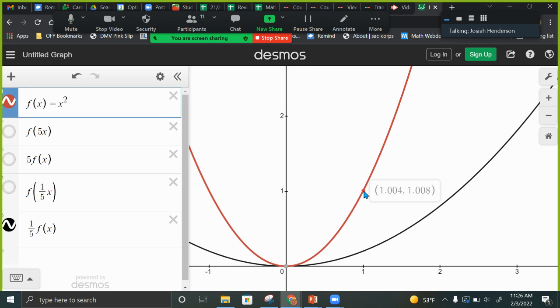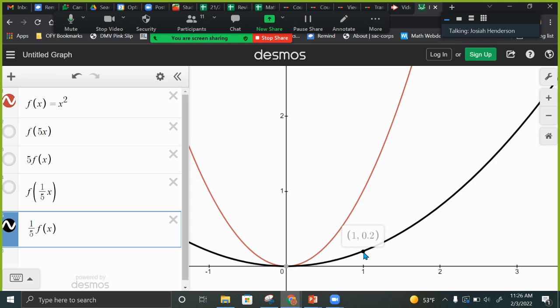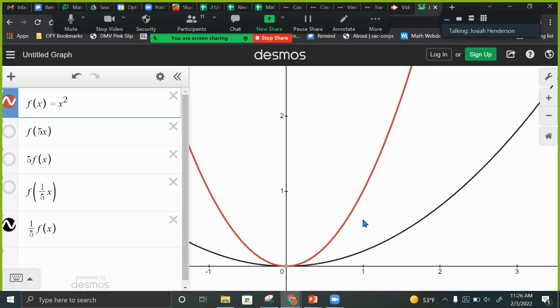This location is smashed down right below it to 1/5 of the original height. So over 1, up 1/5, which is 0.2, the decimal of 1/5. So we're compressing it vertically. The red one is being smashed like a sandwich to become the black one.